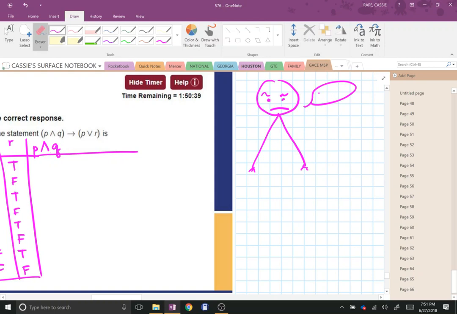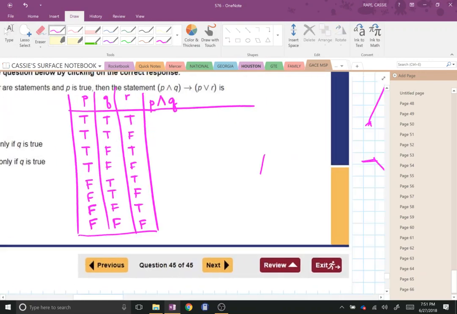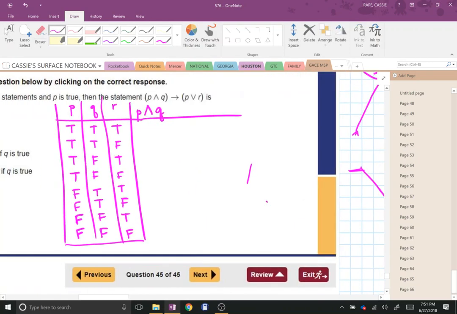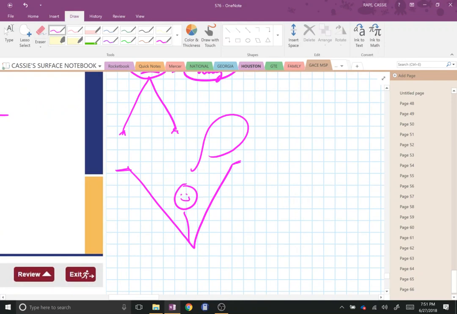What the "and" means is that they both have to be true. You are not negotiating. If they are both true, then P and Q is true. And if they're not both true, it's not. And then I think about the "or" as just somebody going, it's okay, one or the other.